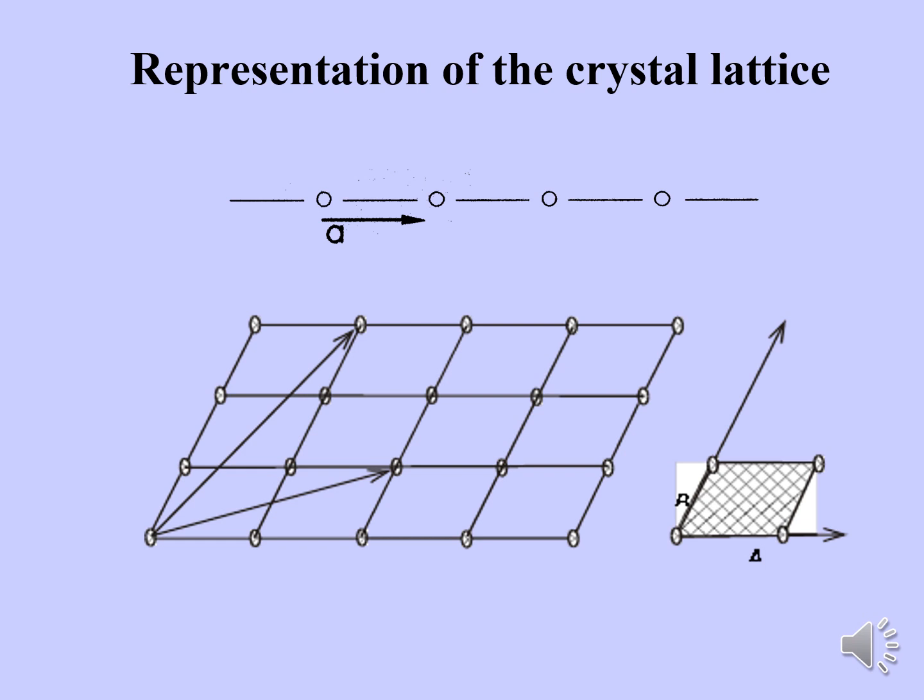If you repeat the same point with the help of another translation that is not parallel to the first one, as here, you will obtain a flat grid that is fully determined by the two translations a and b.